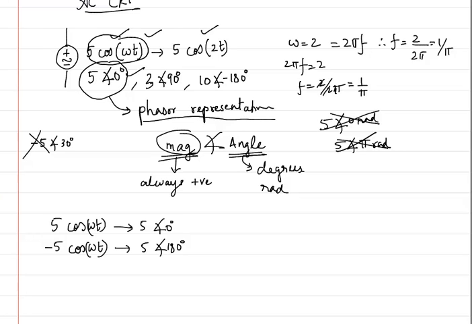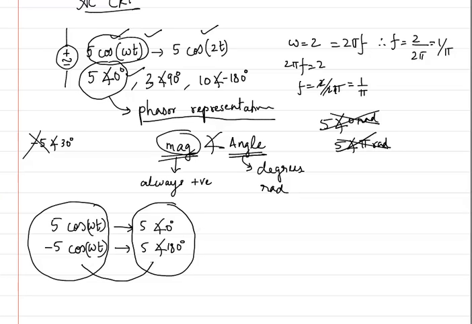So this representation in equation form can also be represented in this phasor form. How we do that is something that I have to teach you, and that is something we have to learn. But remember this very correctly, that this representation can be written in this format. It is interchangeable.